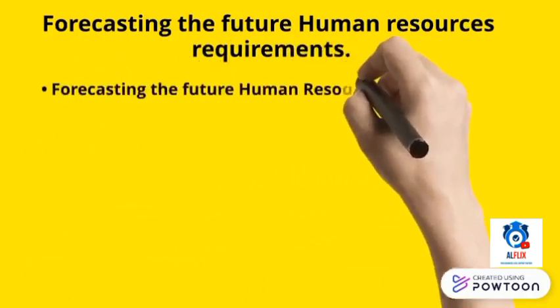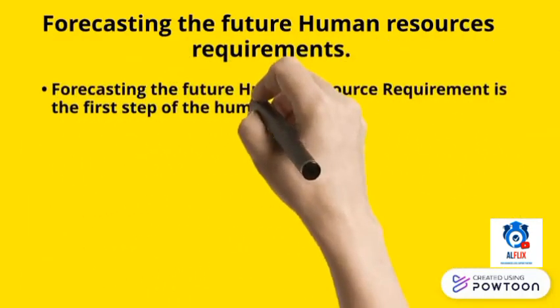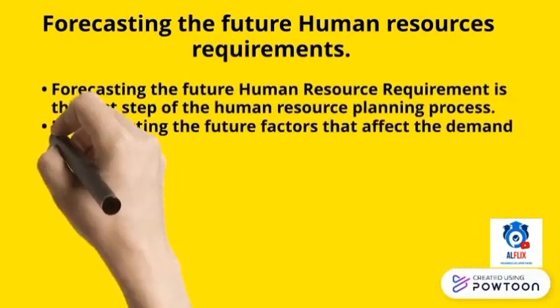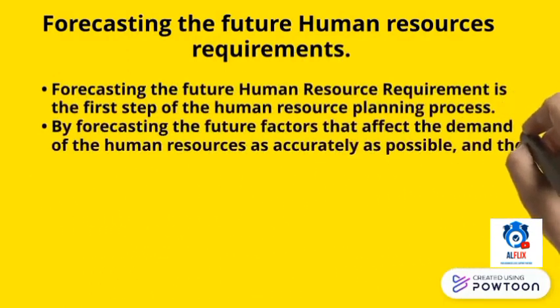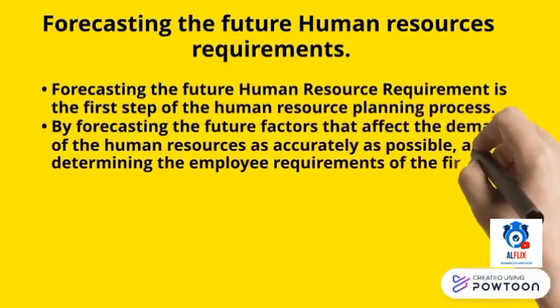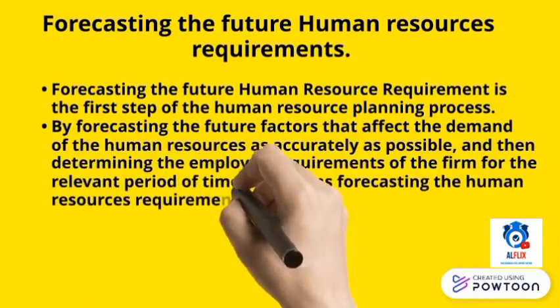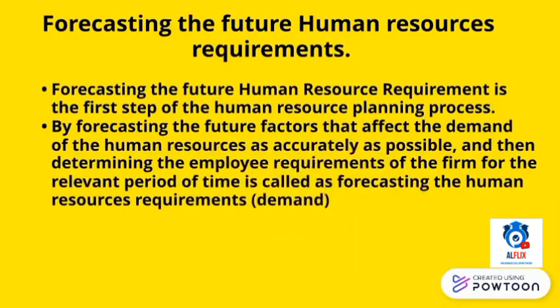Forecasting the future human resource requirement is the first step of the human resource planning process. Forecasting the future factors that affect the demand of the human resources as accurately as possible and then determining the employee requirements of the firm for the relevant period of time is called forecasting the human resources requirement.